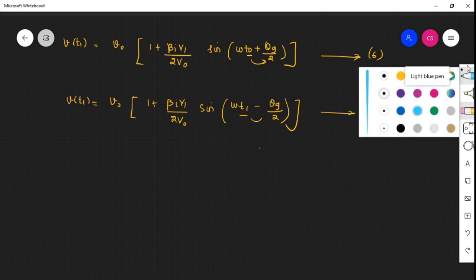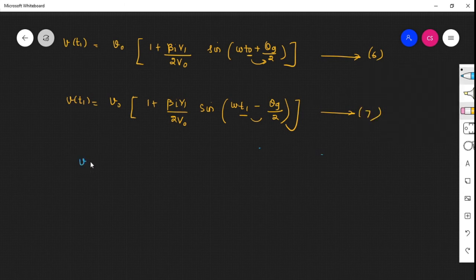Now using this we can find the maximum velocity of the electron and the minimum velocity of the electron. So we can write v t1 maximum as v0 into 1 plus beta I V1 divided by 2 V0, because the maximum value a sine term can take is 1.